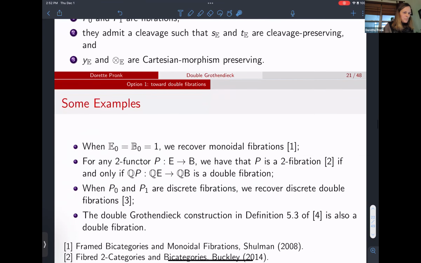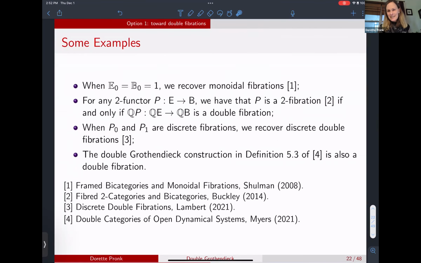Let's look at a couple of examples to show you that you have seen these already in various places. If we take E0 and B0 to be both 1, so take the object categories to be just the terminal category, we get monoidal fibrations as defined by Shulman. If we take a 2-functor P, then P is a 2-fibration as defined by Buckley, and earlier referred to today as well, if and only if the quintet applied to P gives me a double fibration.